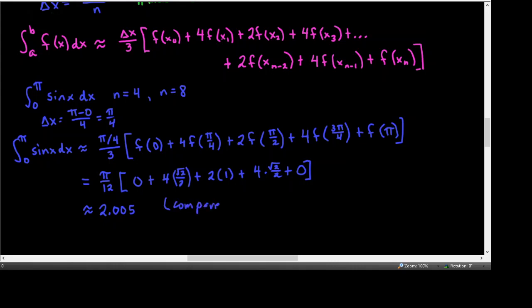Now, compare this to the trapezoidal answer with n equal to 4, and that was 1.896. Which one's closer to 2? Well, 1.896 is 0.104 away, right? Did I do the arithmetic correctly?